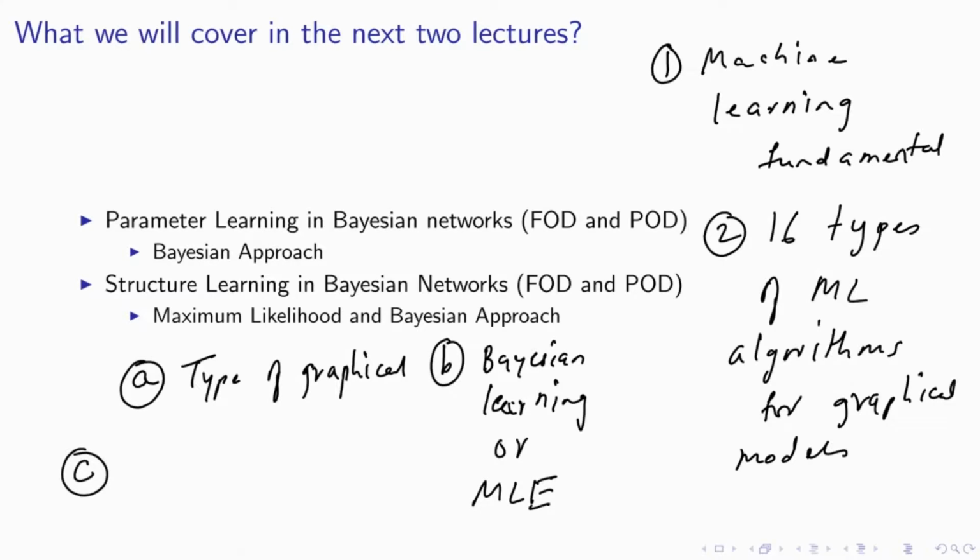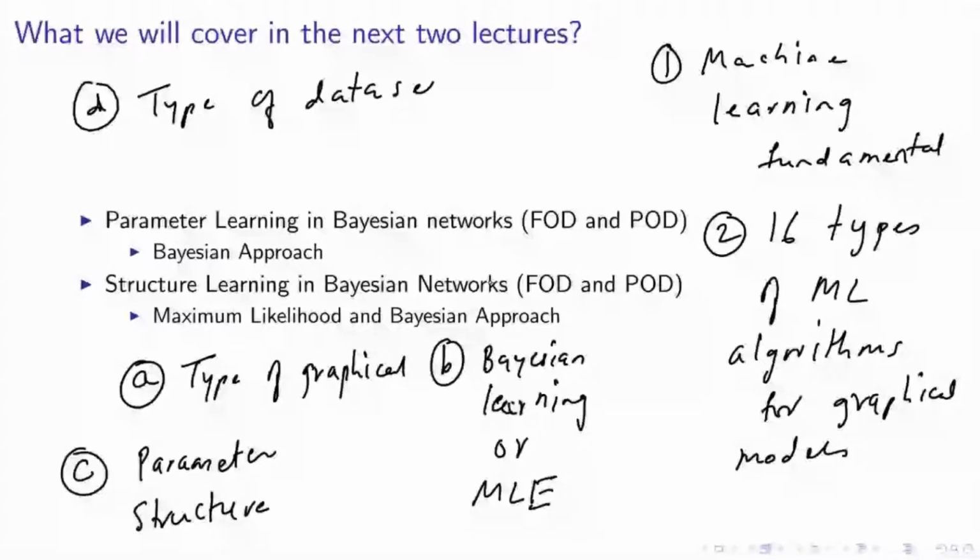The third talked about what type of learning task you are going to perform in a graphical model, whether it's parameter learning or structure learning. And the final dimension was what type of data set you have, whether it's a partially observed data set or a fully observed data set.